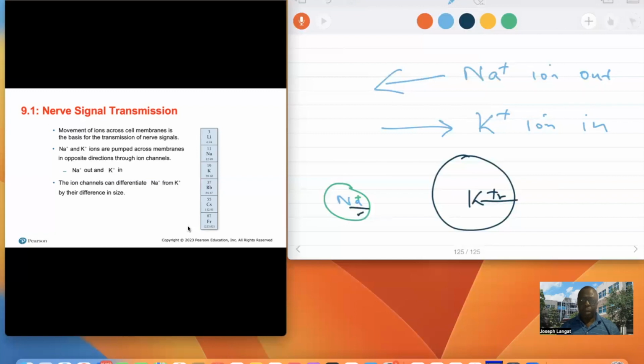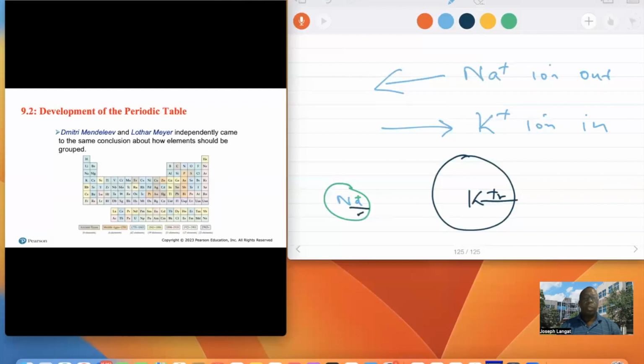And without wasting my time, let's look at section 9.2, the development of the periodic table, how the periodic table has been organized.